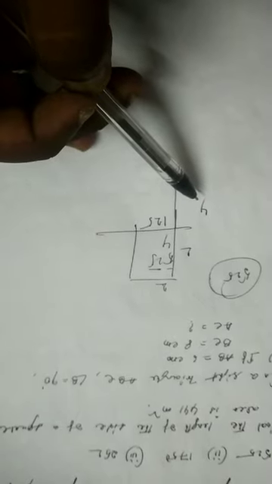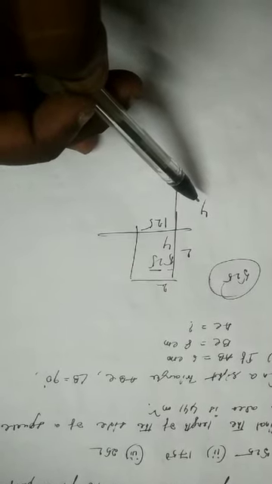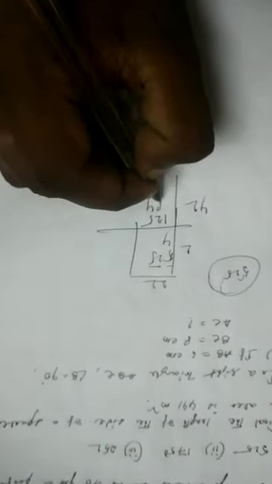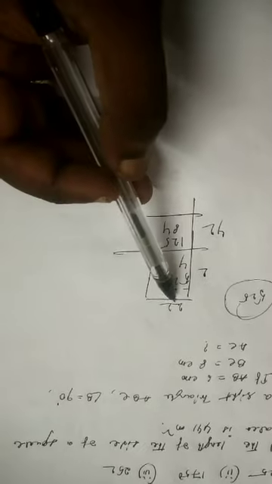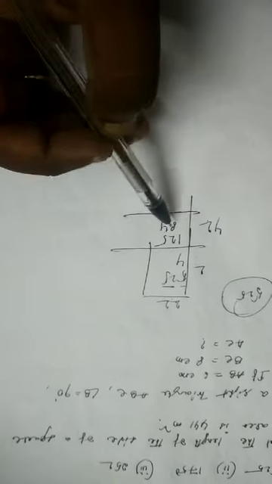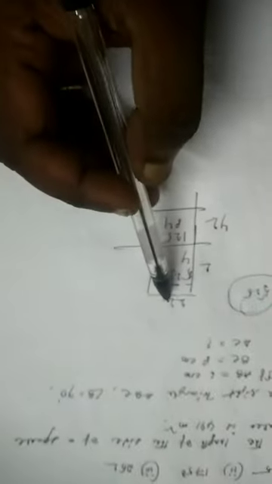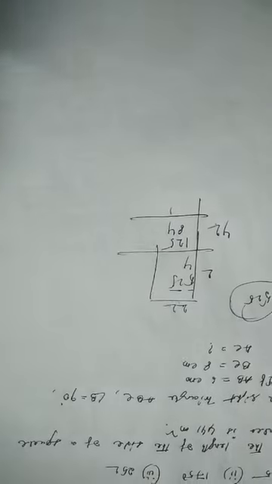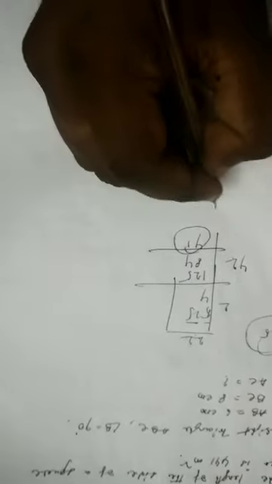If I take 3, 3 into 43 would have come to 129, and 129 is bigger than 125, so naturally we cannot take 3. We will take 2. 2 into 42 is 84. 125 minus 84 is 41. So naturally I am getting a remainder 41.